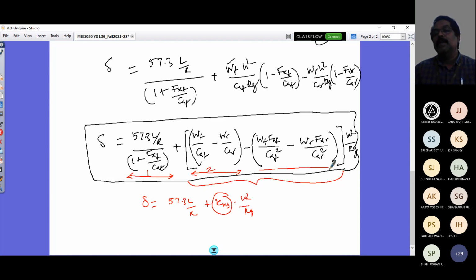And this term is term 3, coming from tractive force. So FXF and FXR are present here and the cornering stiffness is also there. So these are the three terms. Now this is how you can derive the effect on understeer gradient due to tractive forces acting on the tire road interaction.